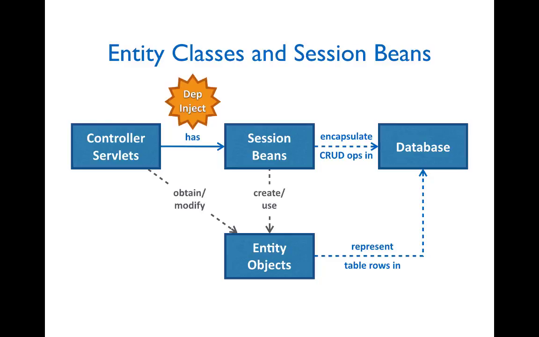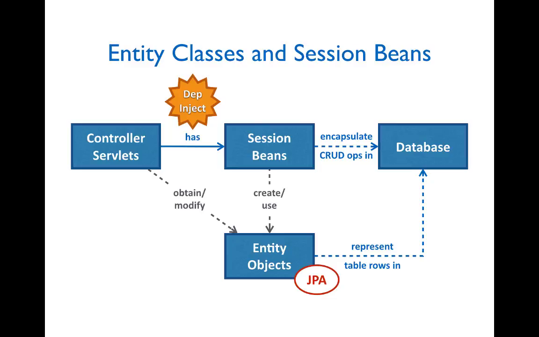Finally, now we have a complete picture of how entity classes and session beans work together to allow clients to access the data in a data source in the form of Java objects. Entity classes are part of the Java Persistence API.